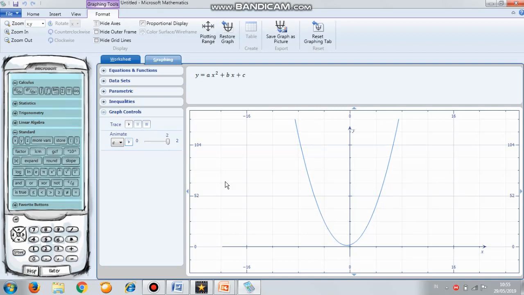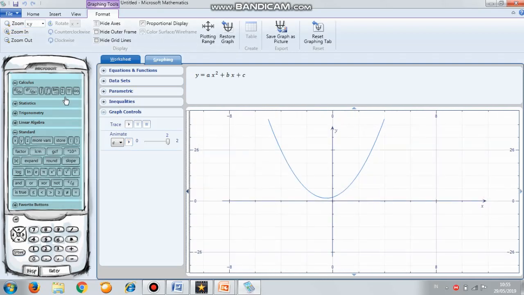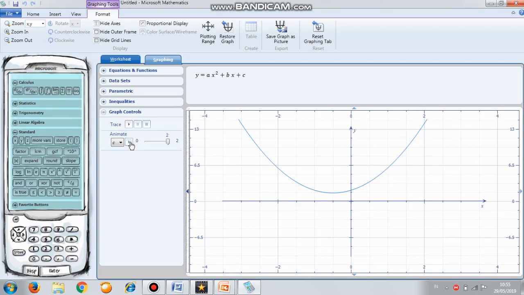Let's zoom in to know what happened with the graph if we animate each variable. So if we animate c, it will move up. Then when we animate b, it will move to the left.